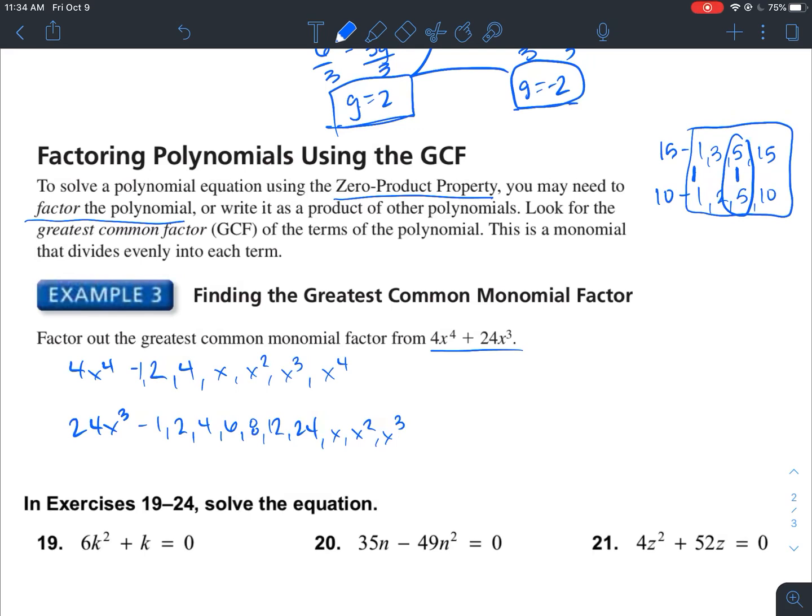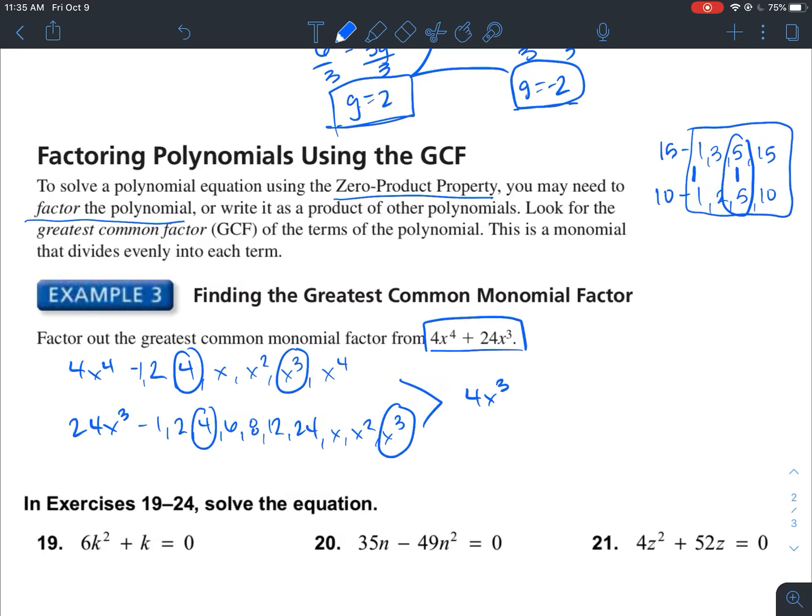First of all, I see that the greatest common factor here is x cubed. Both of these terms have an x cubed. And now let's look at the numbers right here. This is 4 right here. This also contains a 4. So that means that 4x cubed is the greatest common factor for these two terms.